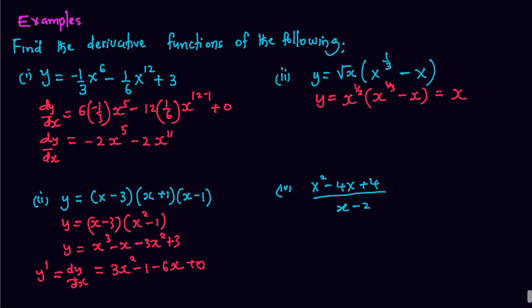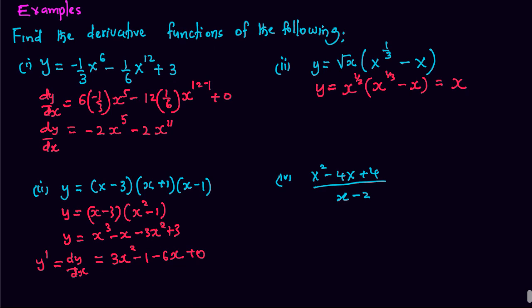So this will be a half plus a third, which is equal to 5 over 6, minus x raised to 3 over 2.